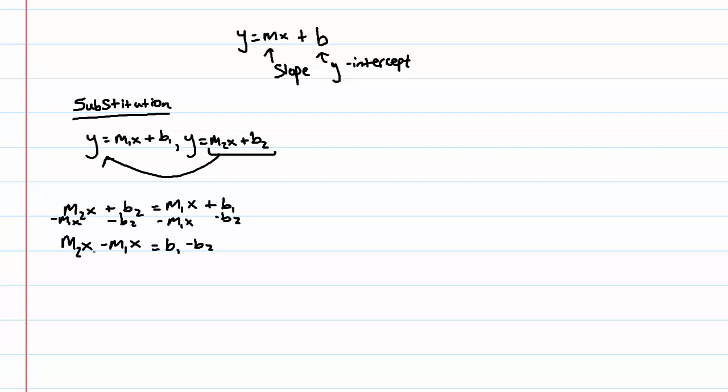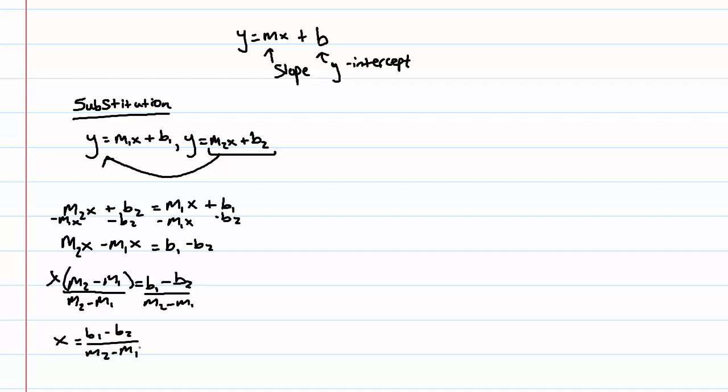And now we need to get down to 1x still, so we should factor out a common term. And from here, we want to get x by itself, so we divide by our part in the parentheses on both sides, and we're left with x equals b1 minus b2 divided by m2 minus m1.